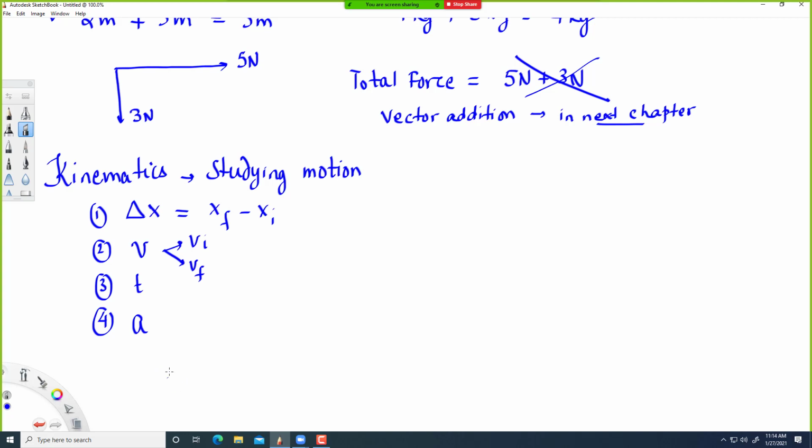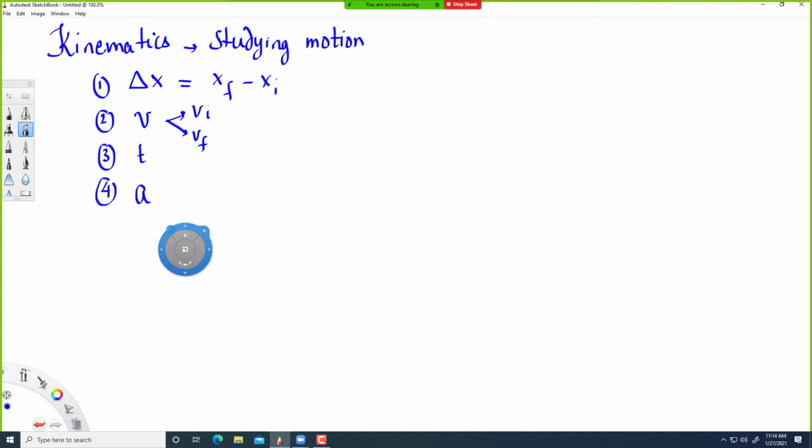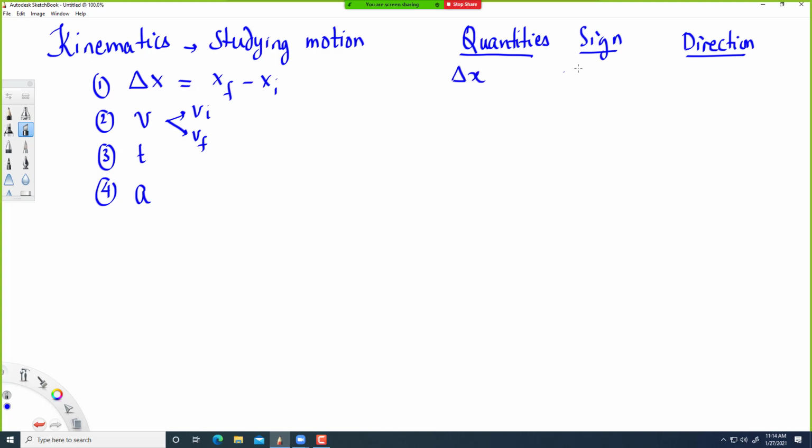So we know that displacement and velocity are vector quantities. That means you need to specify direction. Now in physics, often the direction is indicated by the sign. For example, if displacement delta x is positive, then the direction is to the right.